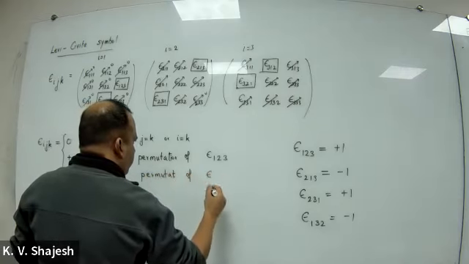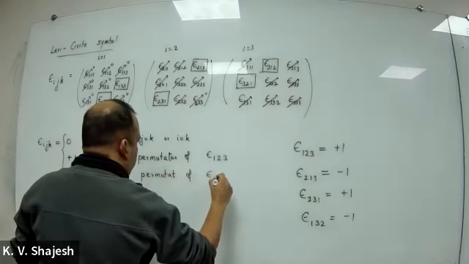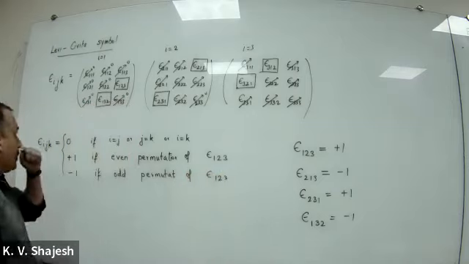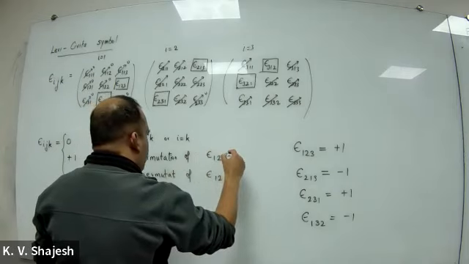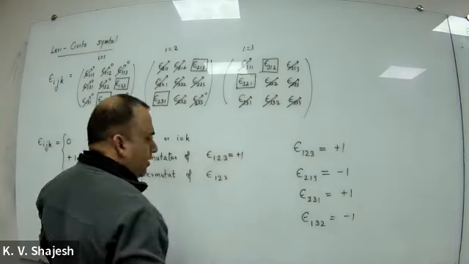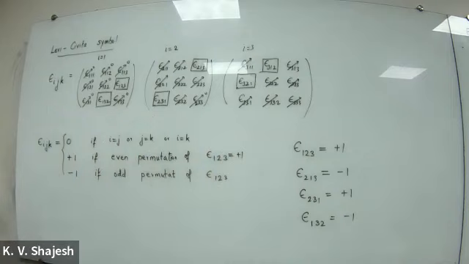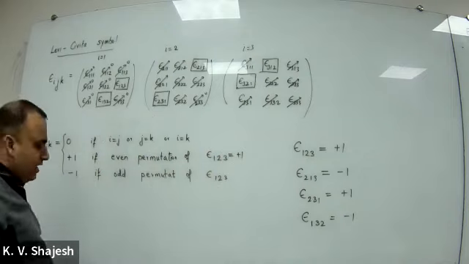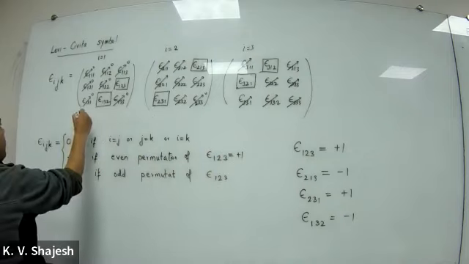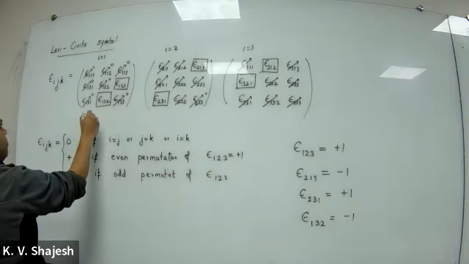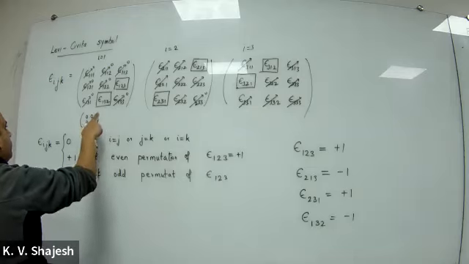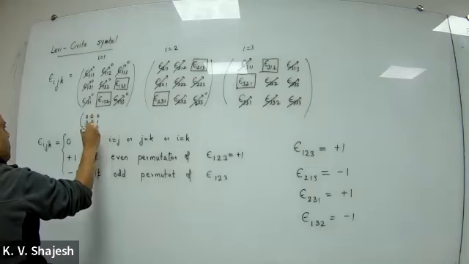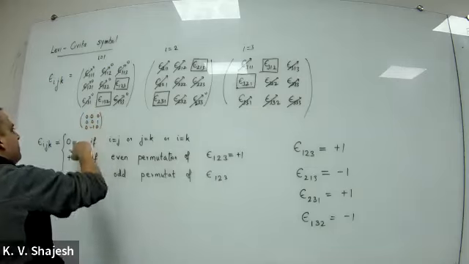And I said somewhere here I will also say this is equal to +1. So in our notation now, this is 0, 0, 0, and 1,2,3 is plus, so this is 0, 0, 1, 0, 0, 0, -1. Notice this is antisymmetric.